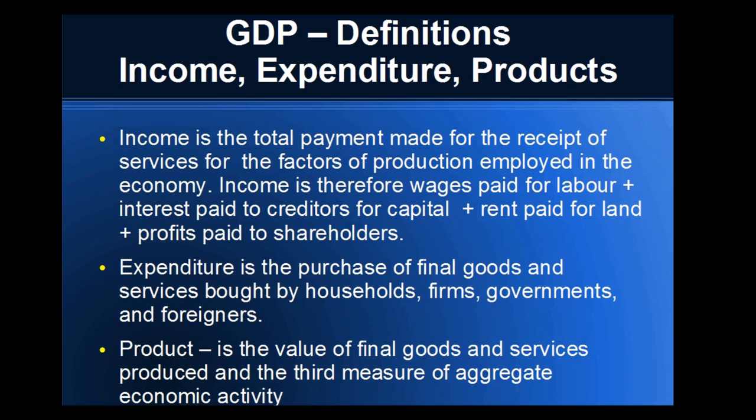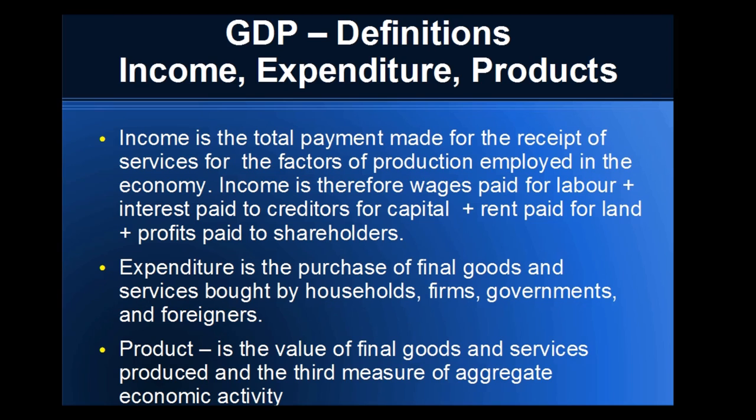Whichever way you measure gross domestic product, it amounts to the same figure. The most popular method is the expenditures method that aggregates the sum of all expenditures by the various economic entities. By economic entities, we mean households, firms, government, and the rest of the world.